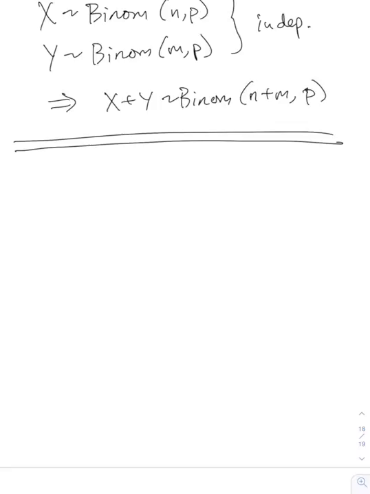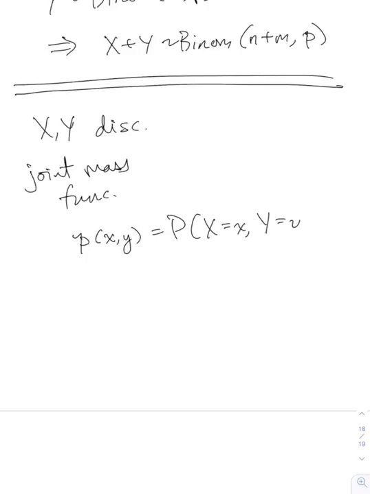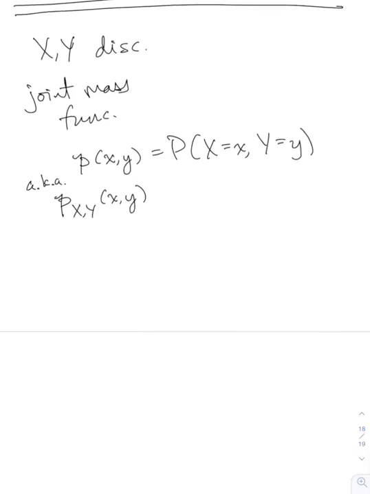As a reminder, a couple of reminders about joint distributions. If X and Y are discrete, then I can talk about their joint mass function. The joint mass function, p(x, y), is just the probability that X equals x and Y equals y. Sometimes we write that as p sub X,Y, also known as p sub capital X, capital Y, to indicate that that's the joint mass function.